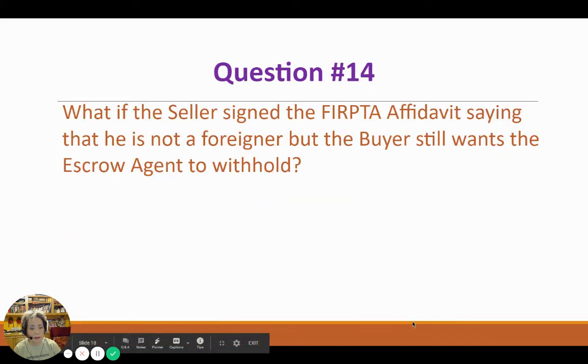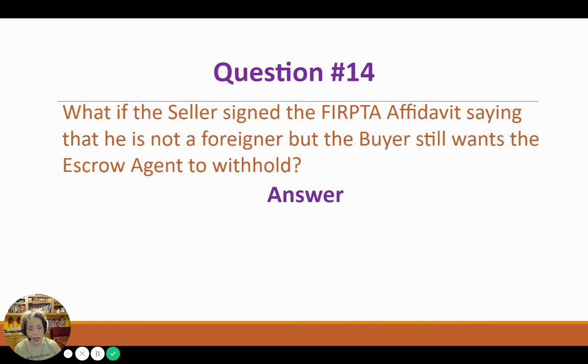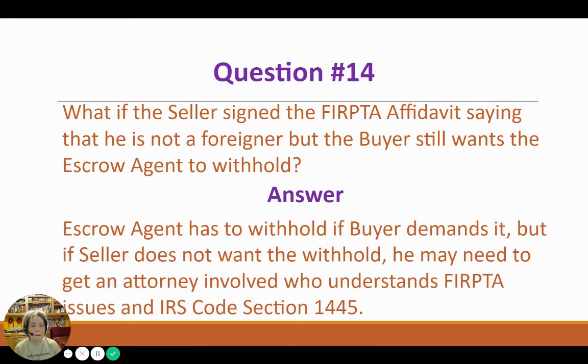Question number 14. What if the seller signed the FIRPTA affidavit saying that he is not a foreigner, but the buyer still wants the escrow agent to withhold? This is a little tricky. Remember that the buyer is considered by the IRS as the withholding agent, and he has to take all responsibilities for the withholding.